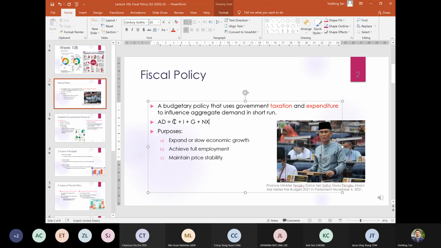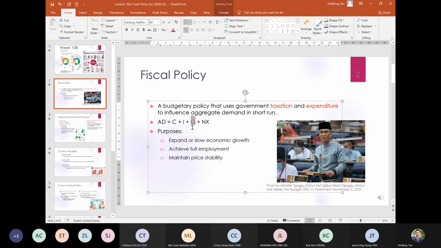So how to do so? Through taxation and expenditure. Expenditure here refers to the direct government spending. Through government expenditure, it can help to stimulate C and I. When government expenditure increases, this also has an impact on C and I. Why?